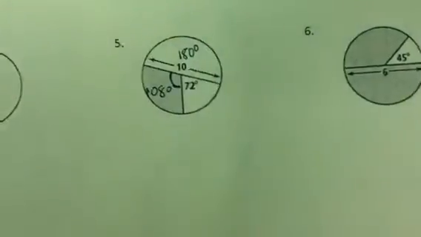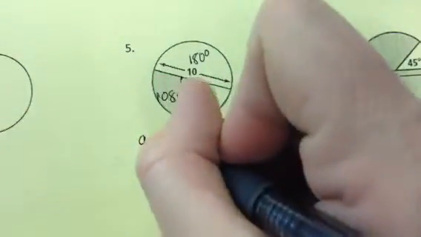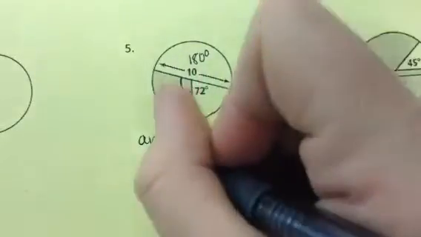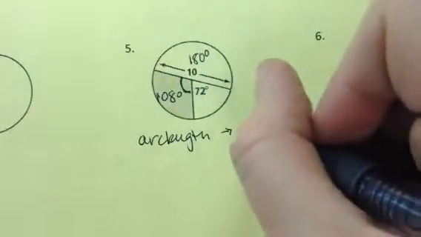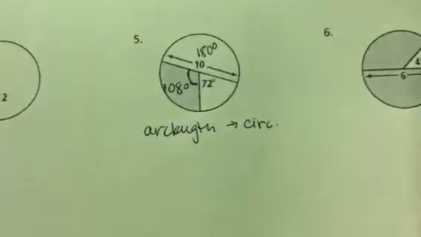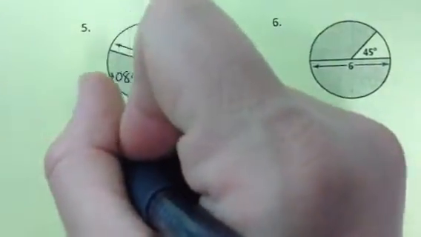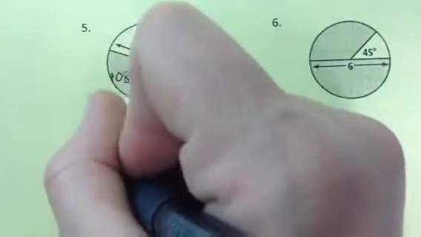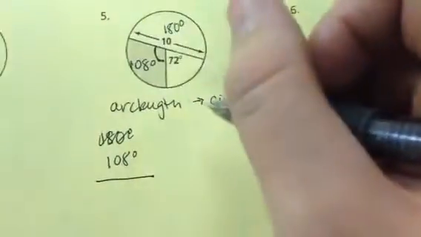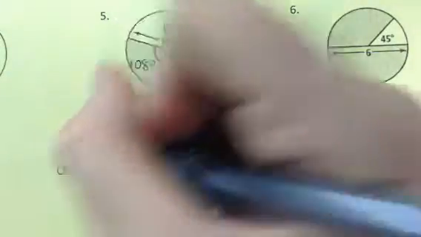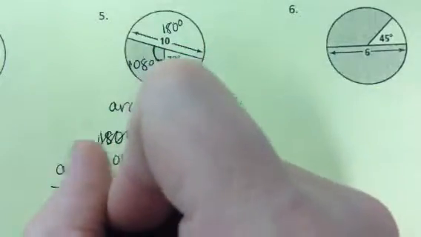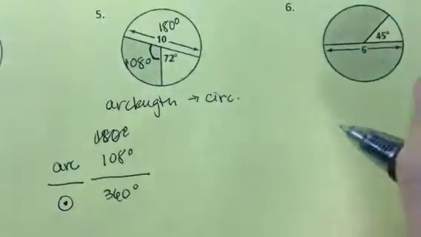All right, so when we go to find arc length, remember we're going to associate arc length, sorry, it's two words, with circumference. So when I find the arc length, I'm going to set up my ratio: 108 degrees, I'm looking at the angle of my arc, and I'm going to compare that to my whole circle, which I know is 360 degrees.